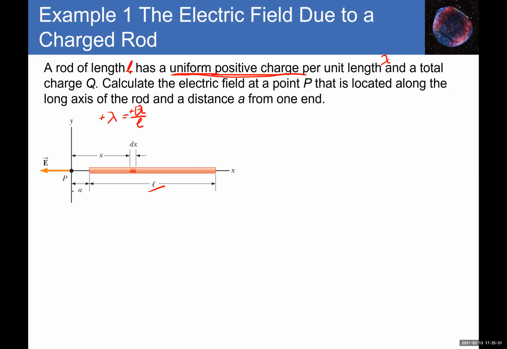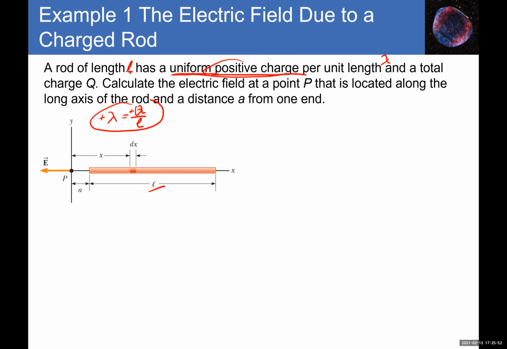All right. Because we were given that it's a uniform positive charge per unit length, that means our lambda was positive. We can assume that any electric field at that point P will be radially away from our distribution, right?